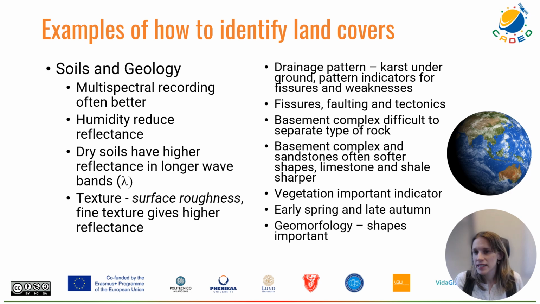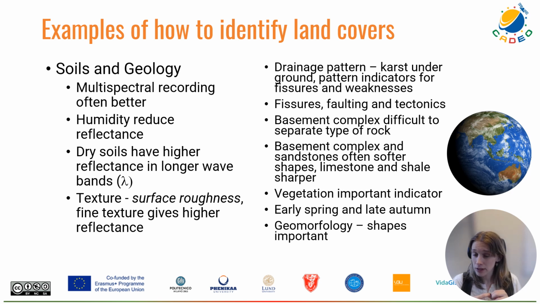Yeah, you can get some ideas about the drainage patterns, if there's a karst landscape, if there are fissures and weaknesses in the bedrock. You can see maybe faults and tectonic indicators from satellite images or aerial photos.